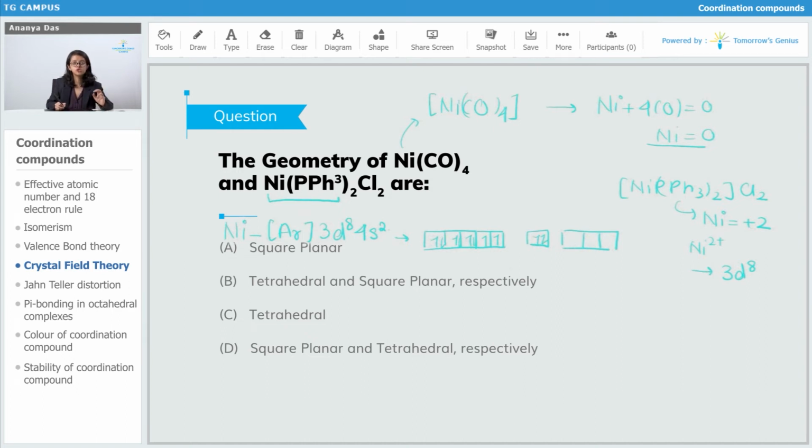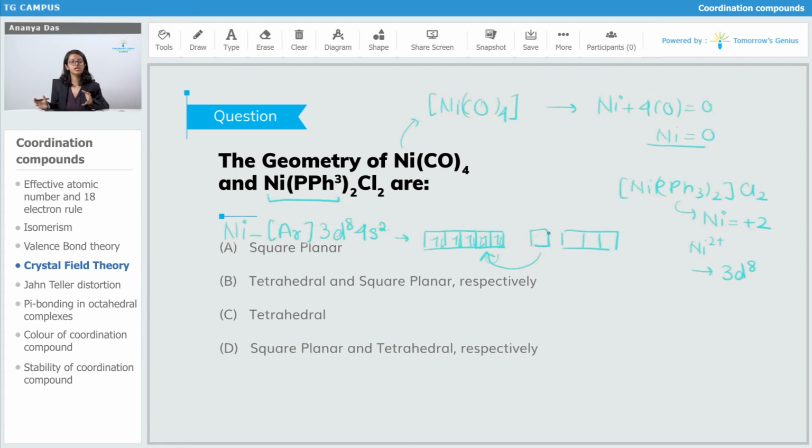Now CO is a strong field ligand, but what it does is, instead of pairing up just these 2 electrons, it depairs the s electrons first and makes them pair with this. So the s orbital becomes empty, and the pairing of the electrons happens in the 3d.